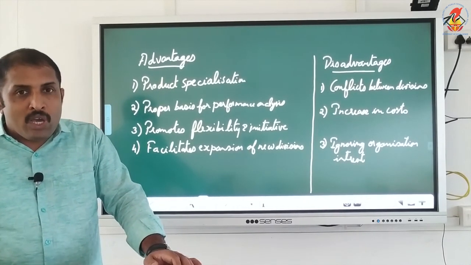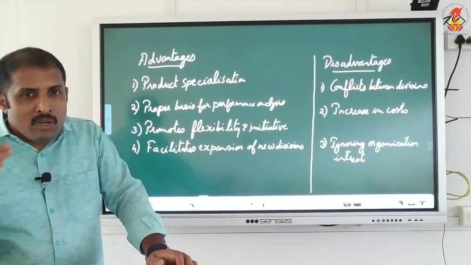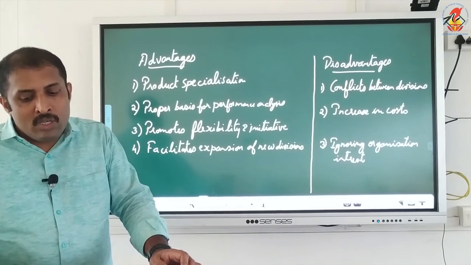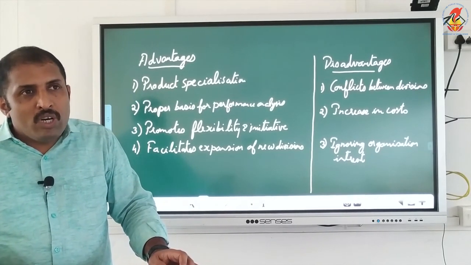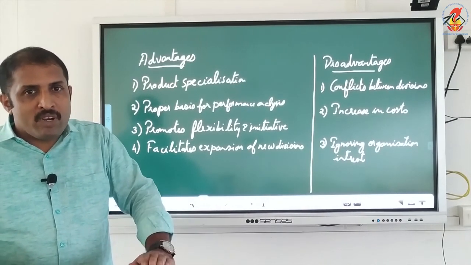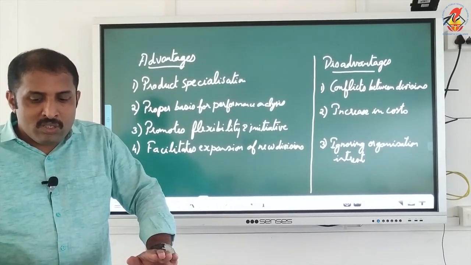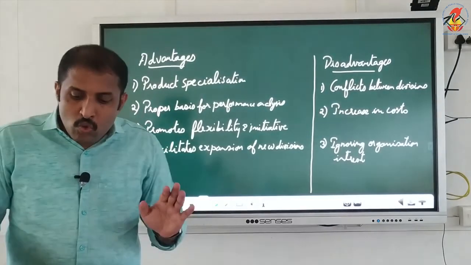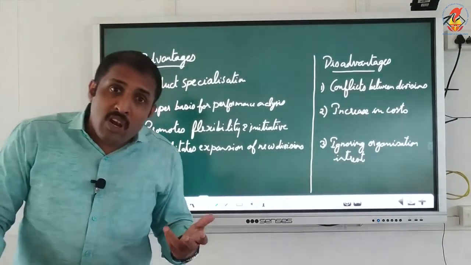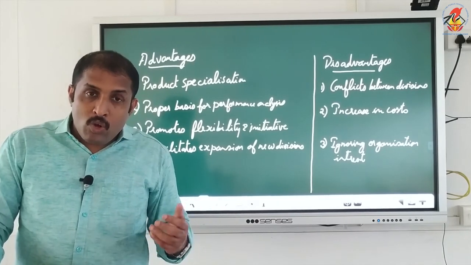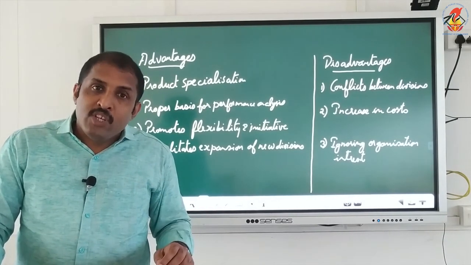Now, when we are looking at divisional structure and functional structure, you may think where we can apply functional structure, where we can apply divisional structure. Functional structure is suitable when the organization is large in nature and requires a high degree of specialization.